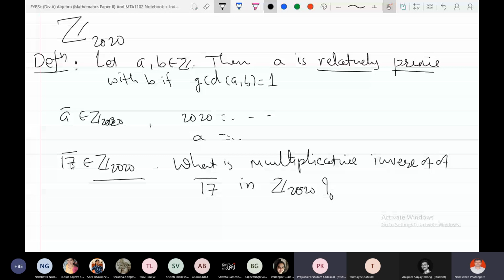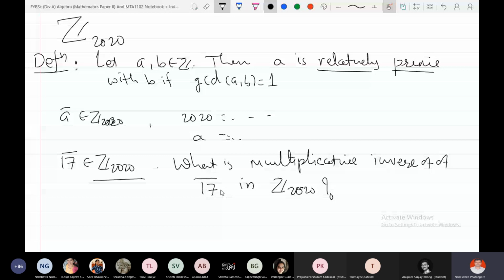So clearly 17 bar has a multiplicative inverse in Z 2020. In some cases you may easily recognize it, but if your number is larger, then how to recognize the multiplicative inverse? You cannot check one by one, it's a tedious job.